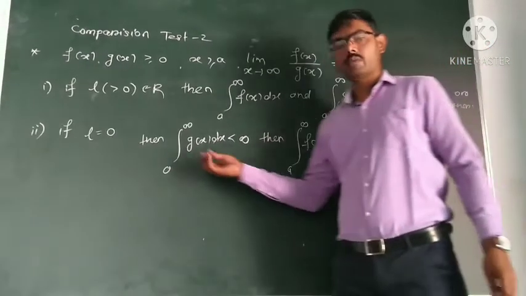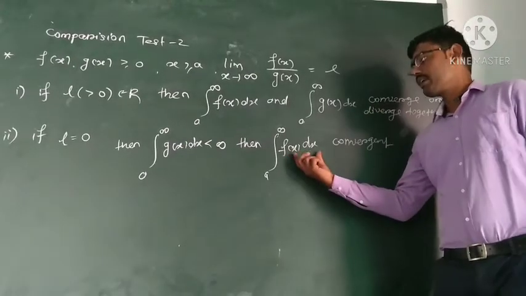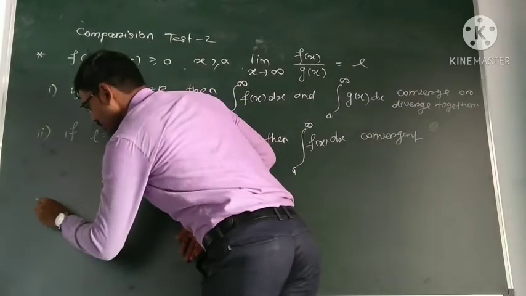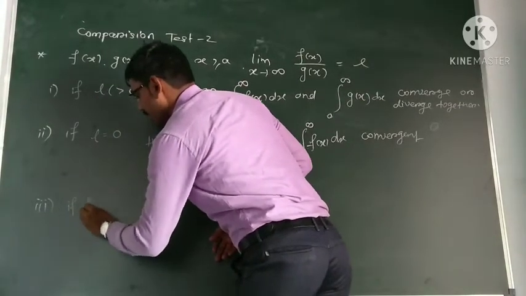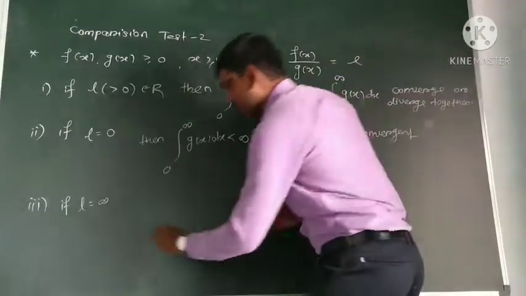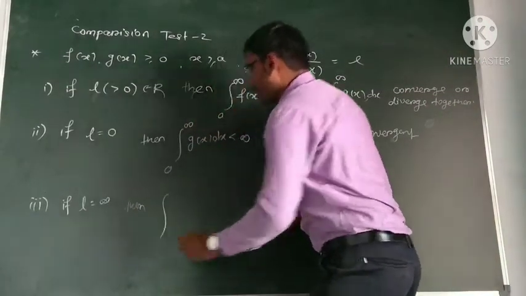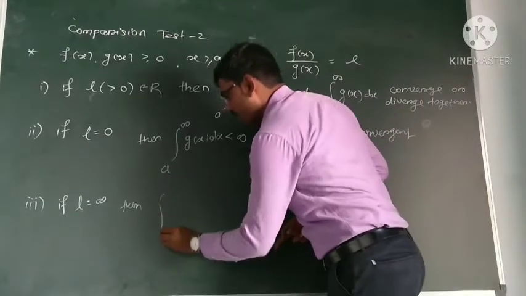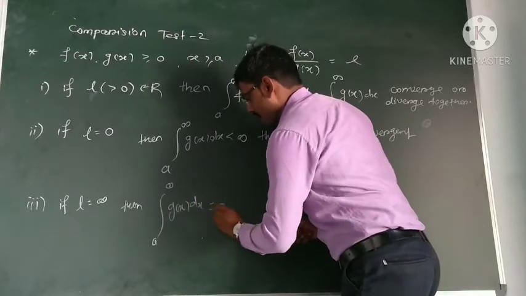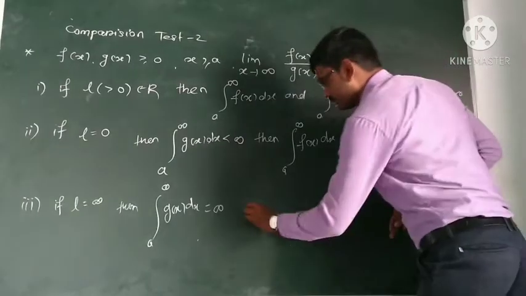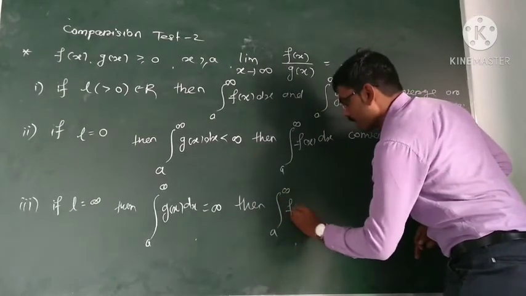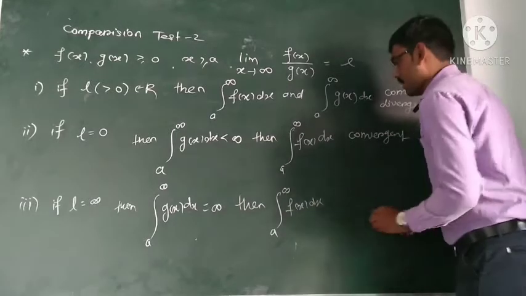If the improper integral of g is convergent, then the improper integral of f is also convergent. And the third case: if this limit L is equal to infinity, then if the improper integral of g from a to infinity is divergent, then the improper integral from a to infinity of f is also divergent.